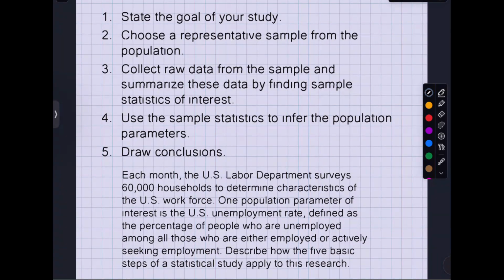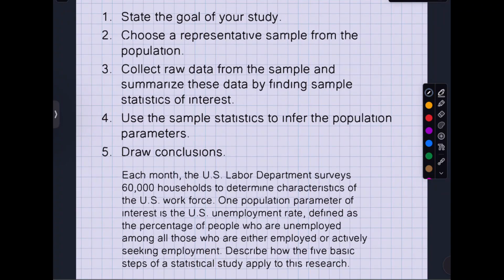It comes from the answers that are given for those questions. Make sense? And they're going to collect those answers and then determine the percentage of people that are unemployed or employed, right? In fact, in this case, because it says sample statistics of interest, they're going to collect that data and talk about unemployed.